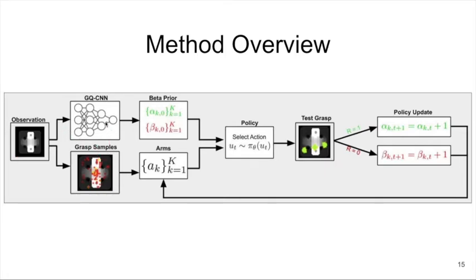Then, a pre-trained GQCNN is used to set the priors on the reward parameters for each arm. At each time step, the learned policy selects an arm and executes the corresponding action in the environment. Based on the received reward, the Thompson sampling parameters, alpha and beta, are updated.